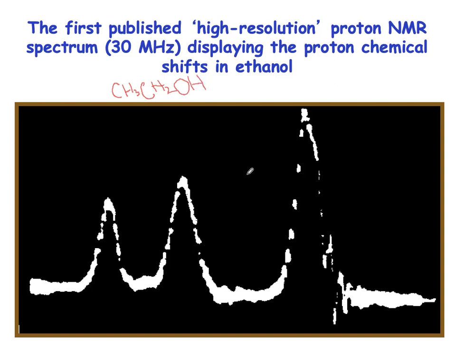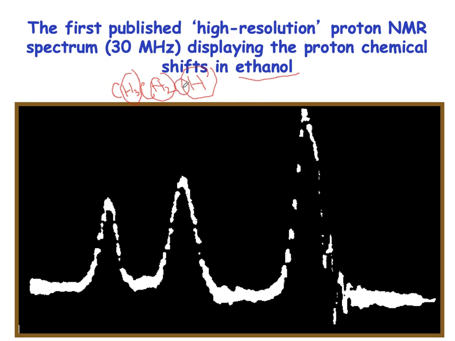If you see ethanol, how many different types of hydrogen are there? 1, 2 and 3. Three different types of hydrogen. One is the CH3 methyl, one is the CH2 methylene, and one is the hydrogen attached to oxygen.